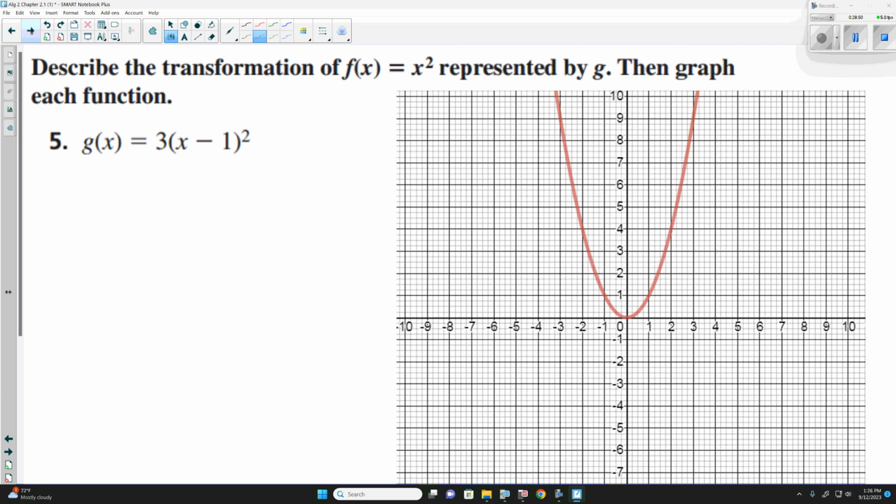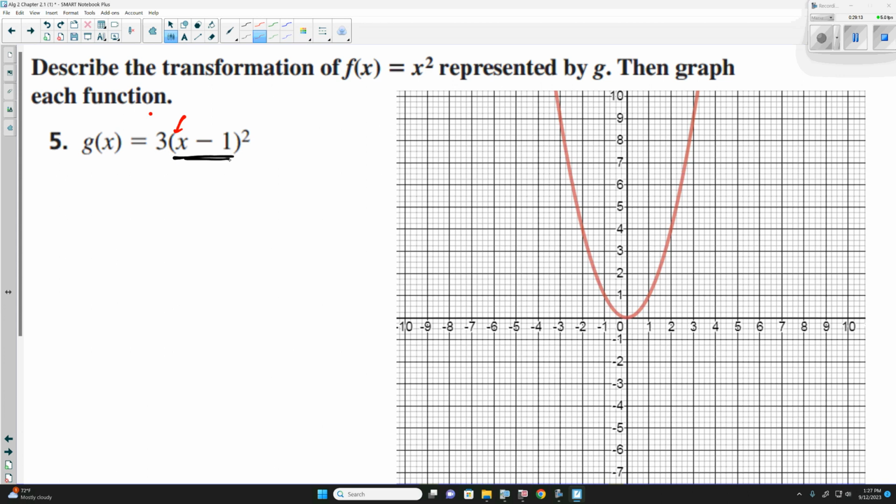Let's look at this one here. We do have two transformations. What's one of them? Is there a negative in front of the x inside the parentheses? And we do have the minus 1, yes?